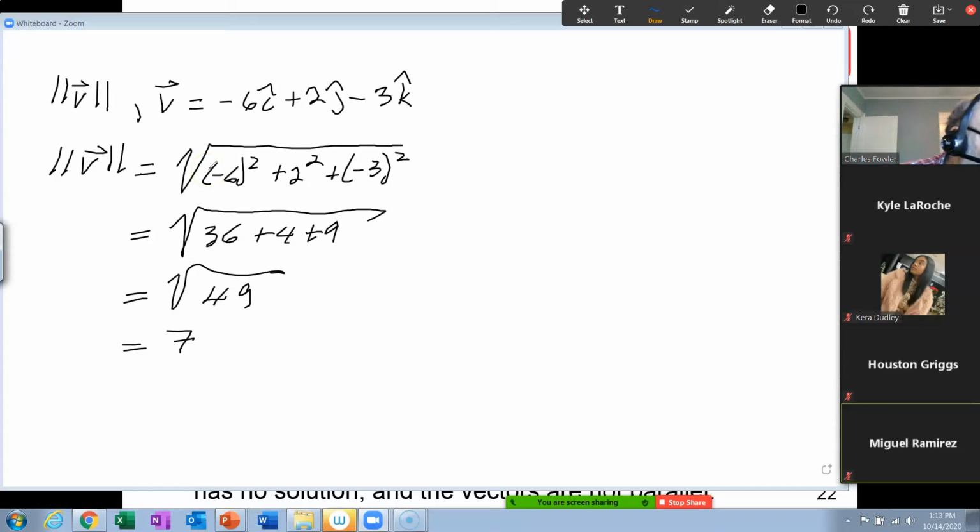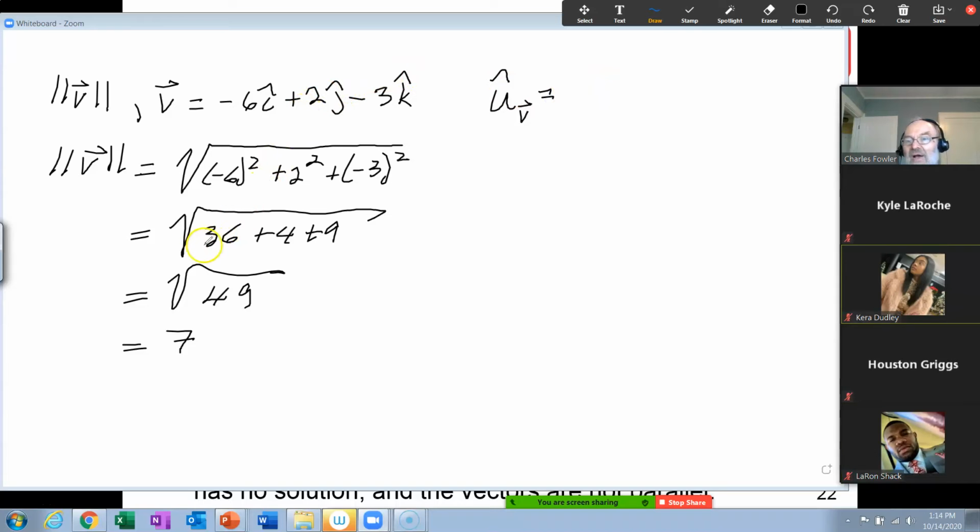And the second part says find the unit vector in the direction of V. So I use my notation for that. The unit vector U, I put the hat on it to let you know that, in the direction of V. I put it as a subscript. That's not standard. That's just my way of telling that's the unit vector I'm talking about. Okay, so what would this be? It would be the vector V divided by its magnitude.